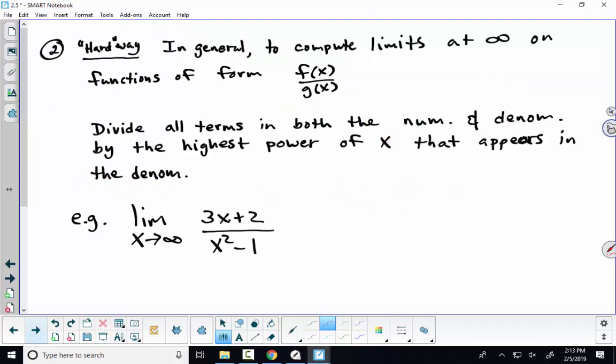Does anybody remember oblique asymptotes or slant asymptotes? Yeah, kind of. So remember when you had an asymptote that was like this, your function was following it this way or this way. This was not a horizontal asymptote.